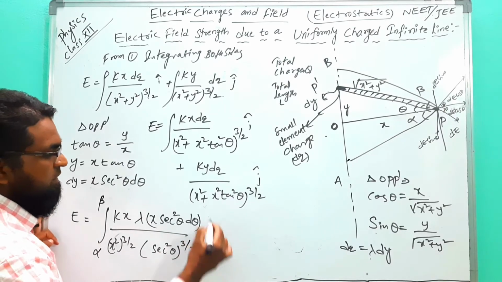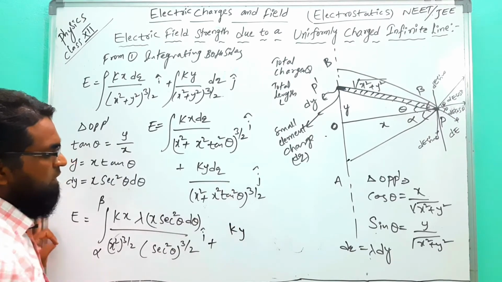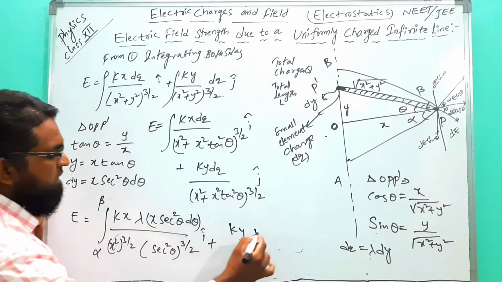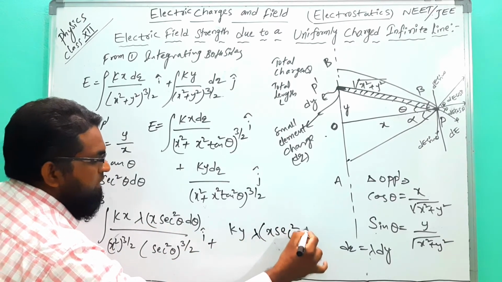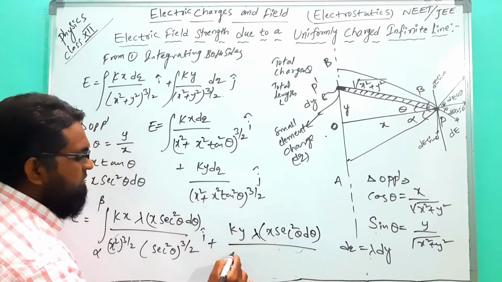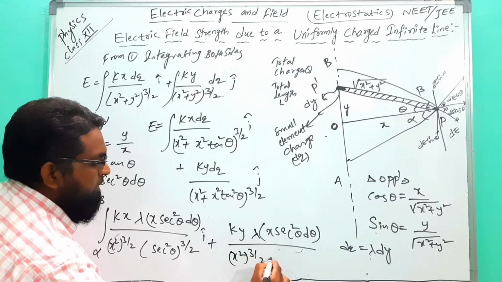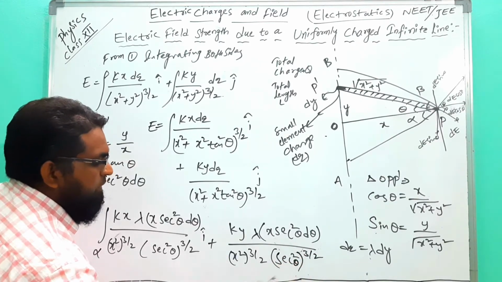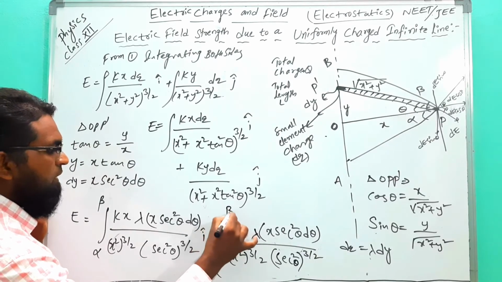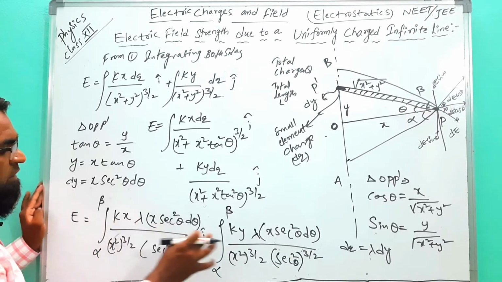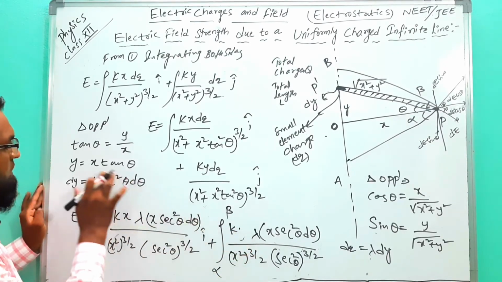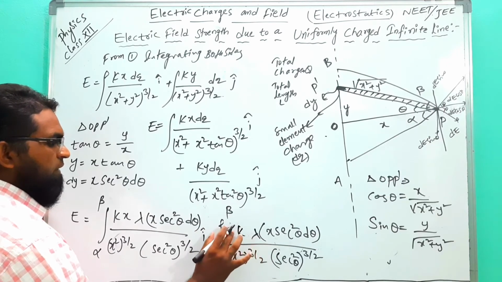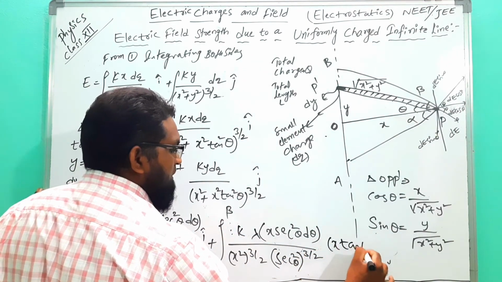Next, plus k y dq, where dq is λ dy, which is again x sec² θ dθ, divided by x² whole power 3/2 and sec² θ whole power 3/2. This is also an integration from alpha to beta. One important thing: y is replaced, and we write y = x tan θ.